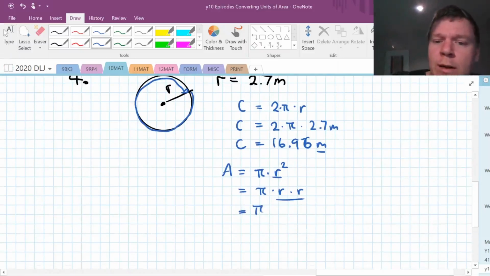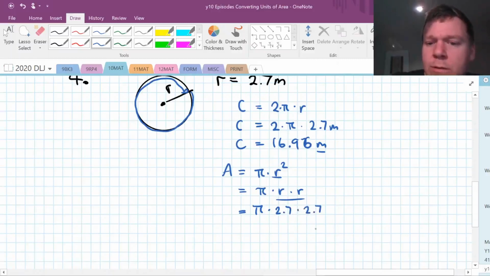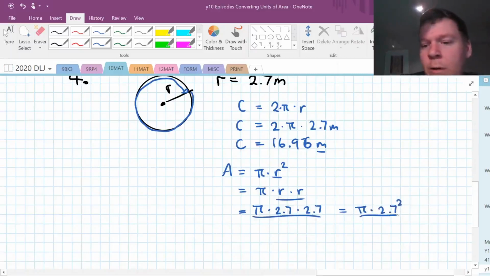So pi times 2.7 times 2.7, which is also equal to pi times 2.7 squared. So either working is fine. You're going to get the same answer.